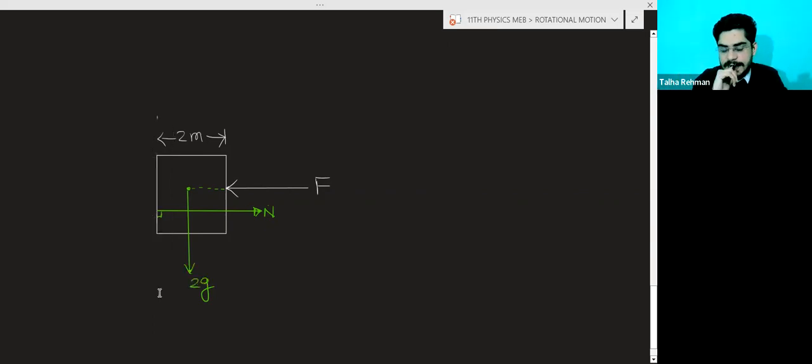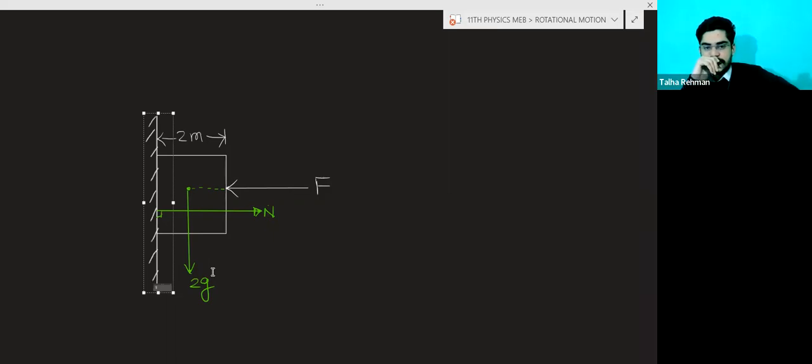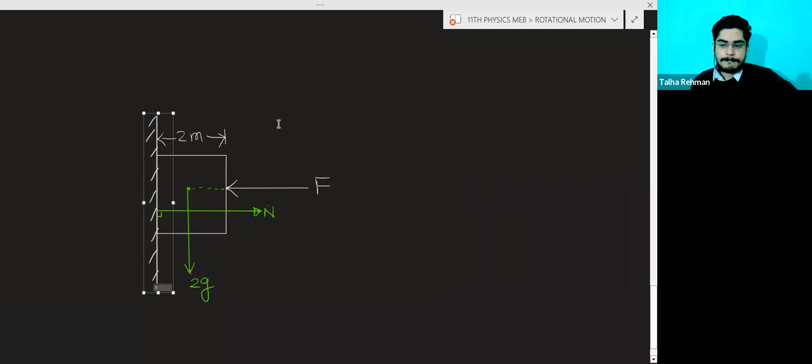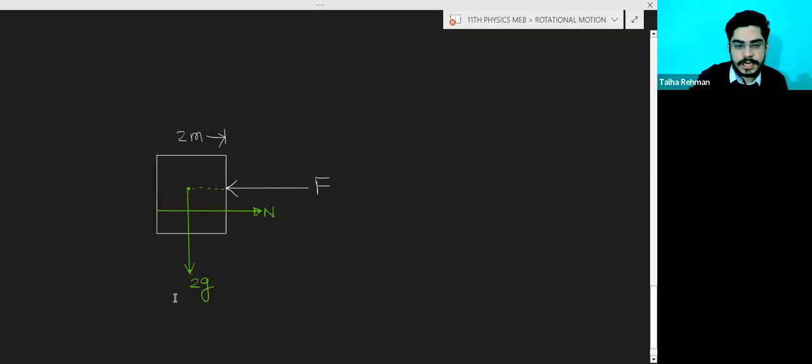Okay, and there will be one more force. Can you tell me what force will be that? Friction force will be there. Very good, very good. Friction force will be there, and the direction of the friction force will be in the opposite direction of the tendency of motion.